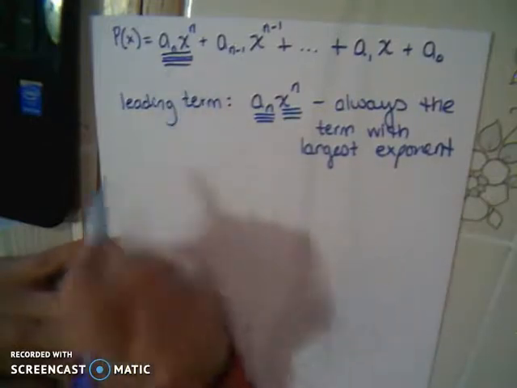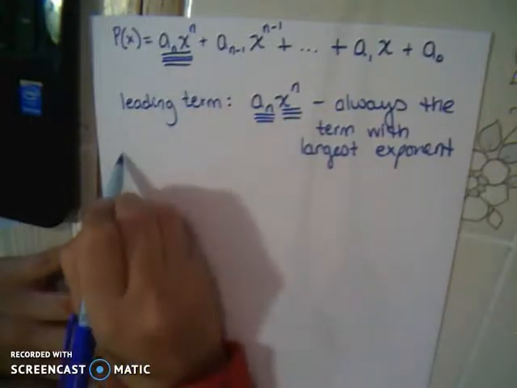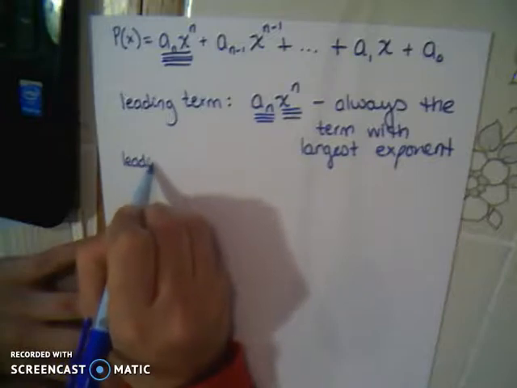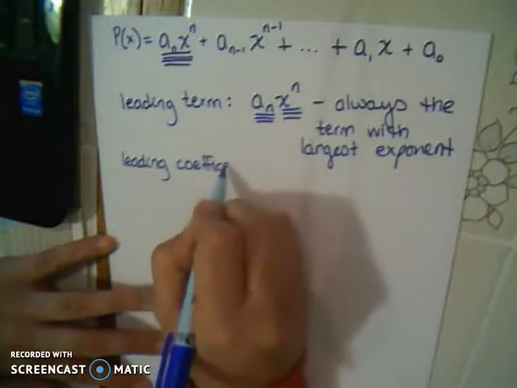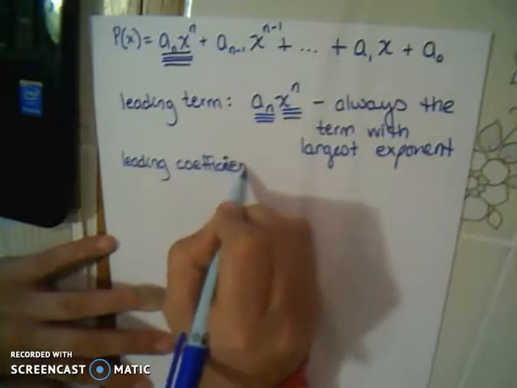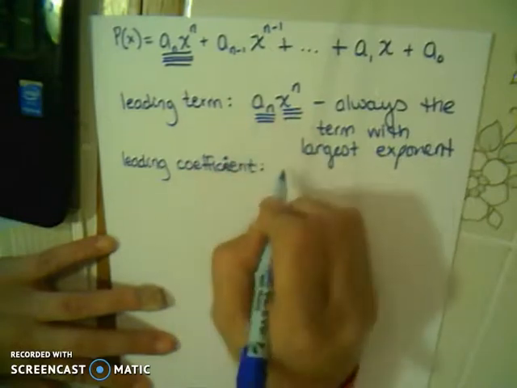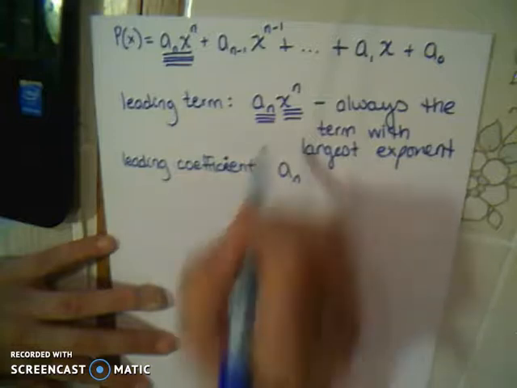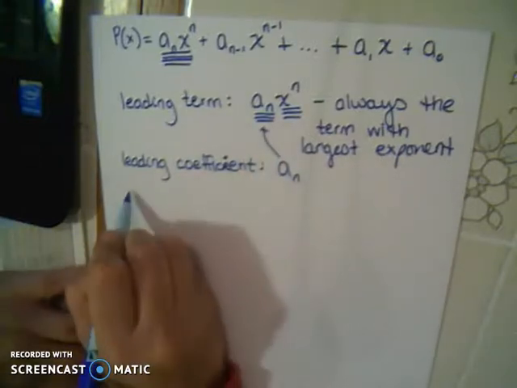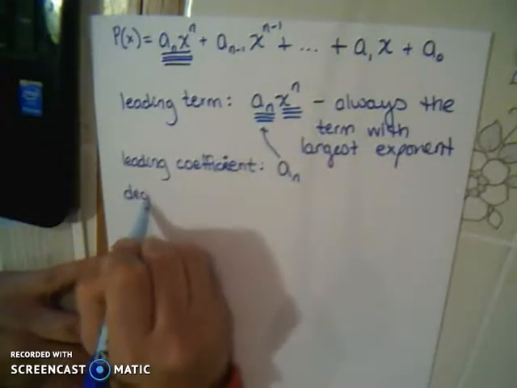Another important piece for this polynomial, inside that leading term, is the leading coefficient. Now we said all of those a's were coefficients, but the leading coefficient will be the coefficient from the leading term, so it's the a sub n. And this polynomial also has a degree.